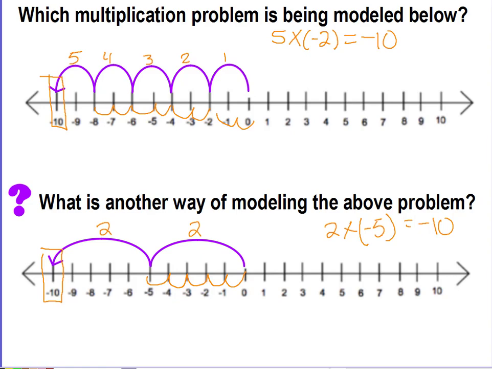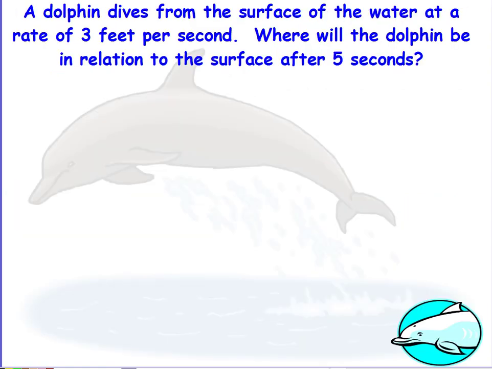Okay, now let's move into our word problems. A dolphin dives from the surface of the water at a rate of 3 feet per second. Where will the dolphin be in relation to the surface after 5 seconds? Okay, so he dives from the surface. So if this is the surface, he's diving down, so this is going to be negative.